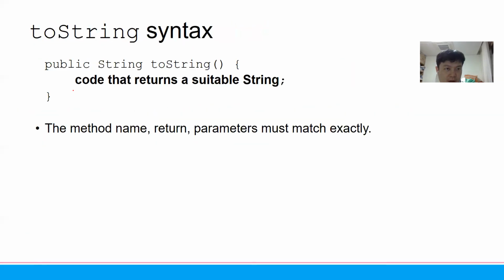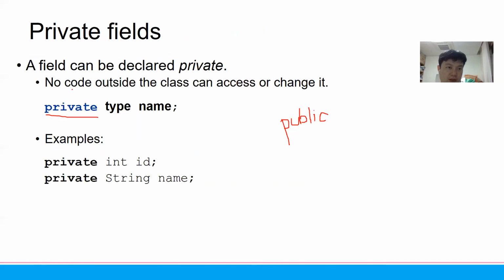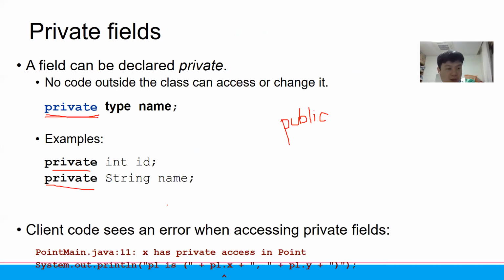If you have public, you can access the data anywhere. Once you make it private, there should be a method to access the data. It is for the privacy issue, for the security issue. It is recommended that all the data members are private. The client code sees an error when accessing the private fields.